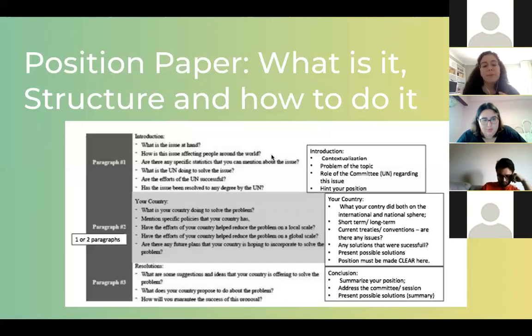And then this is the part to bring the committee and the topic more together than ever, because this is where you will present possible solutions. This will help you on the last day of the conference, of course, on writing a solution.